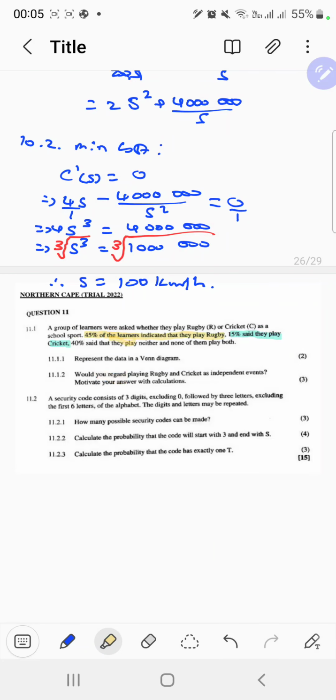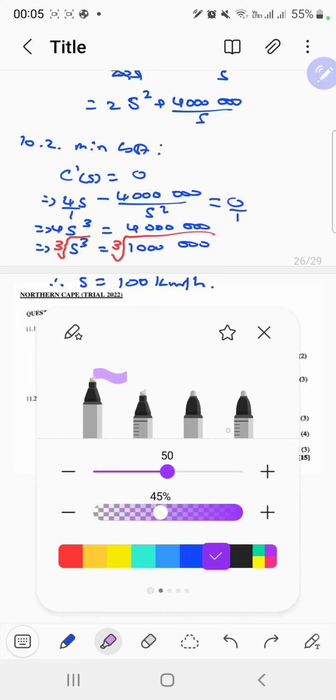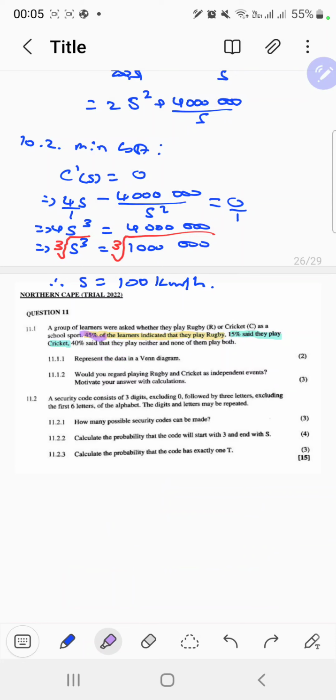And then what is the story about the rest? And then of course the 40% said they play neither cricket nor rugby, and none of them play both actually.